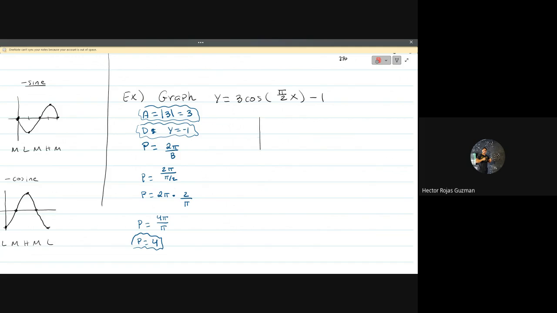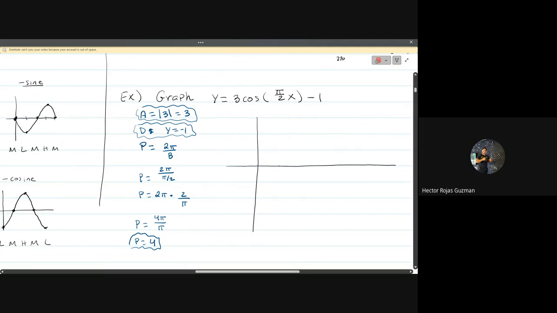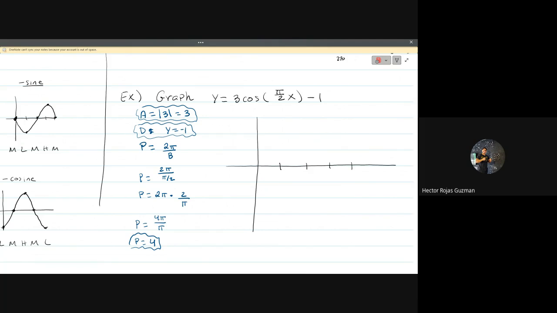So here's my graph. You're going to go ahead and put 4 lines. 1, 2, 3, 4. This is where the period comes in. The period goes on the 4th line every single time, no matter what it is. All right, 4.